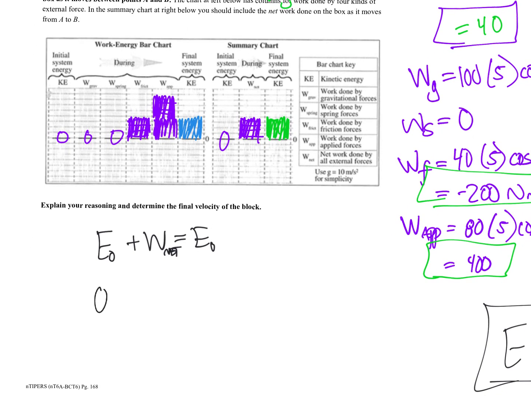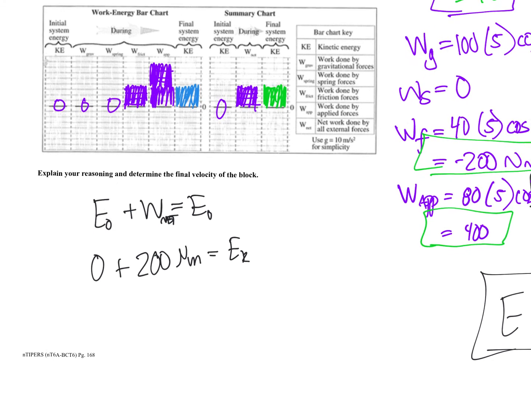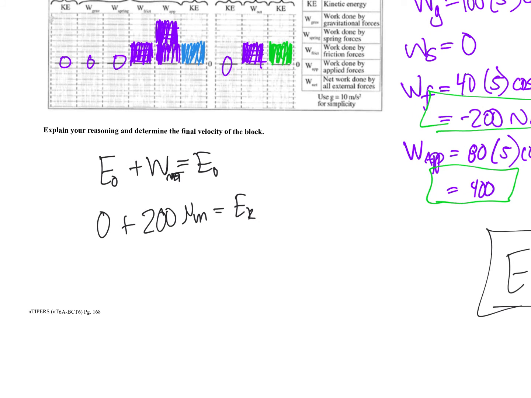Our energy initial is 0. The work done we know is 200 net Newton meters or joules, and that's going to equal my kinetic energy final. Kinetic energy is 1/2 mv squared, so this is going to be 200 equals 1/2 mv squared.